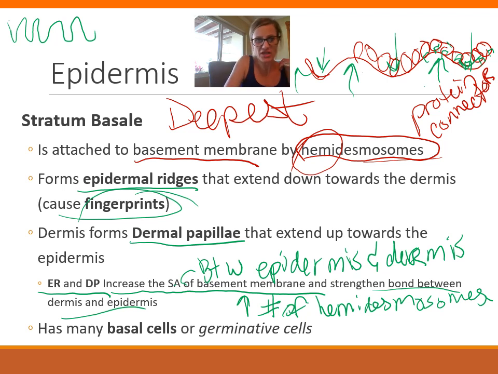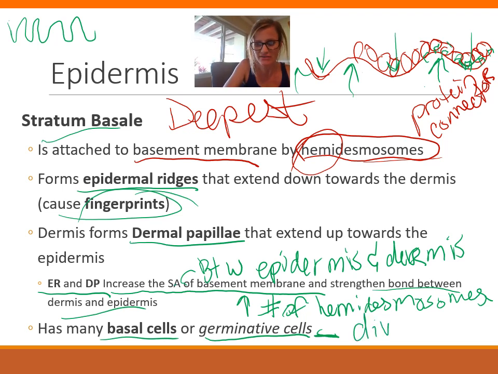Finally, the stratum basale is made out of numerous basal cells. That's where this term is coming from. The stratum basale has basal cells. Basal cells are highly specialized cells. They're what we call germinative cells because they constantly germinate. What we mean by that is that the cells divide constantly.